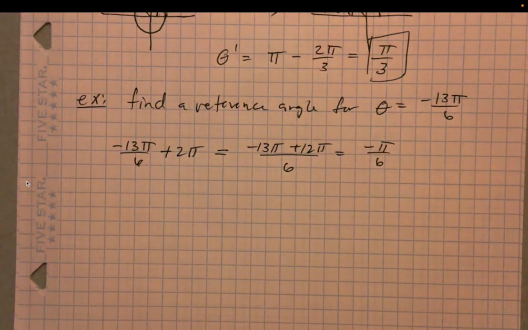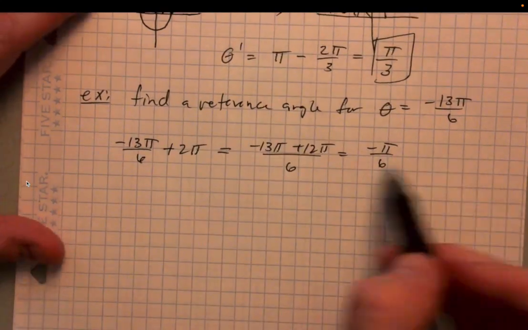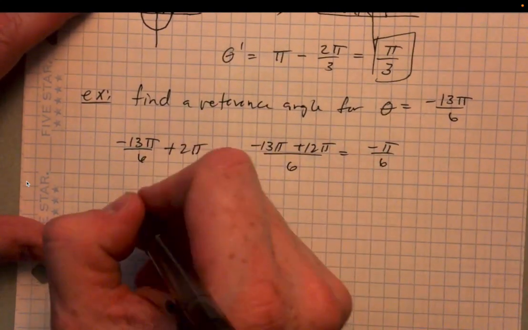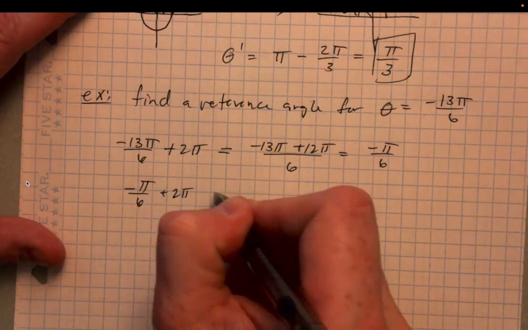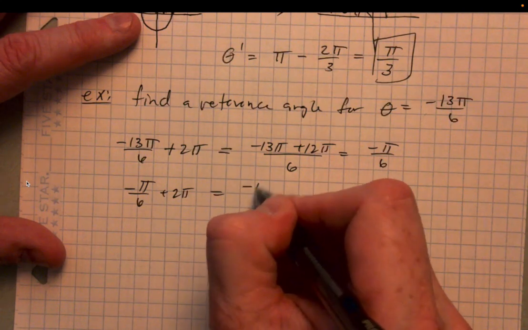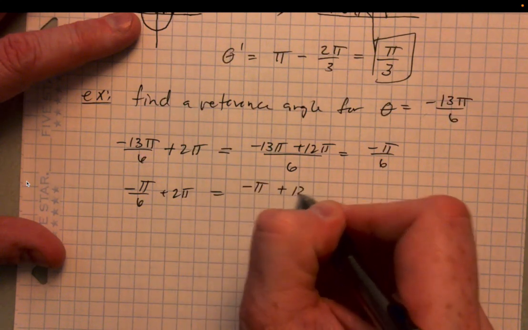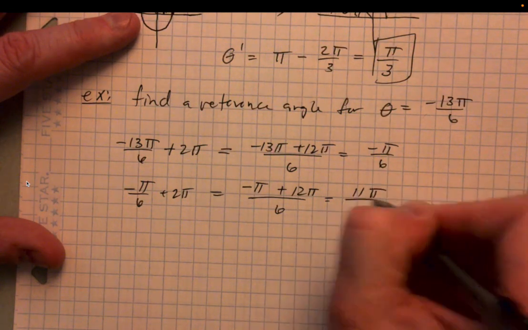Now, it's still negative, but we could figure this out using the negative angle if we want to. You could also add another 2 pi. So you could go negative pi over 6 plus another 2 pi to get another coterminal angle, and you'd see that that's negative pi plus 12 pi over 6. And so you get 11 pi over 6.